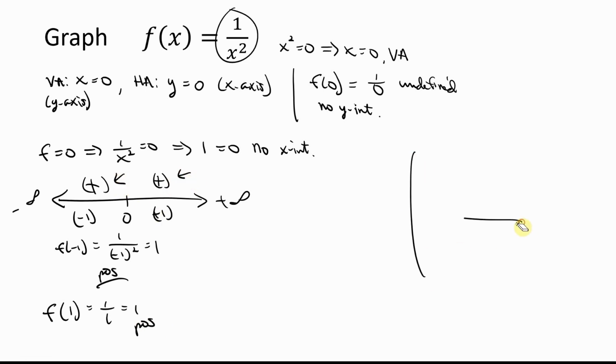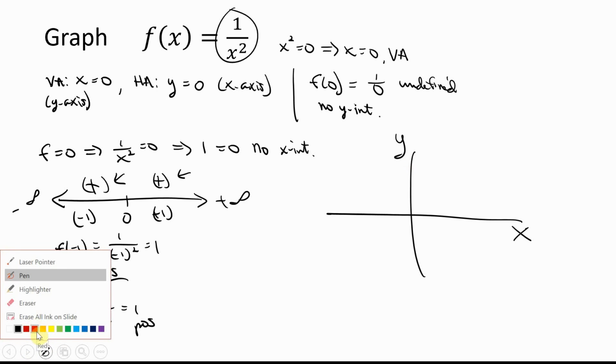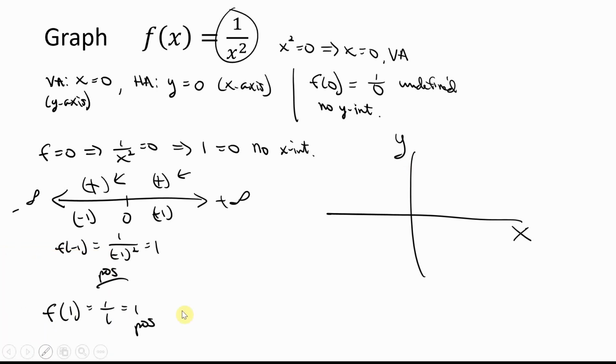So our graph, let's label the horizontal and vertical asymptotes. So for that vertical asymptote, we get the line x equals 0. That's the y-axis. And then for the horizontal asymptote, we get the line y equals 0. That's the x-axis. There's no x-intercept, no y-intercept. So the graph doesn't cross the x-axis, neither does it cross the y-axis.